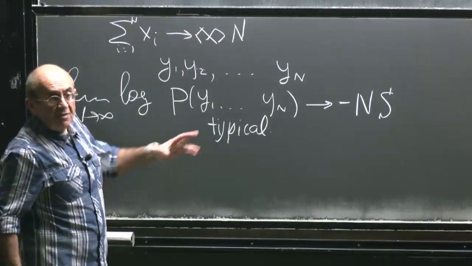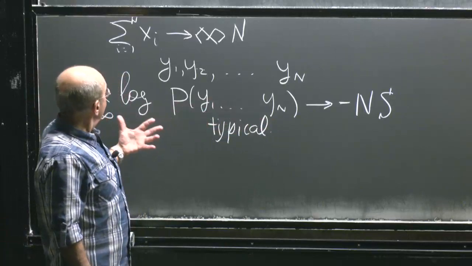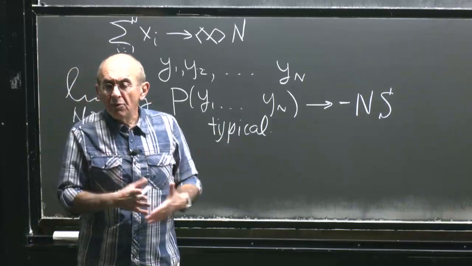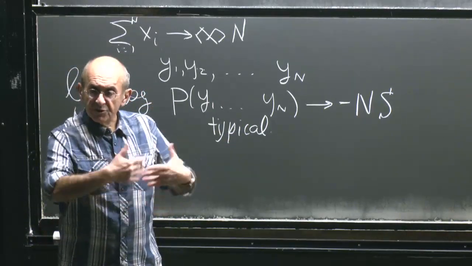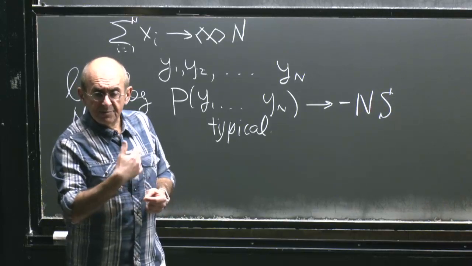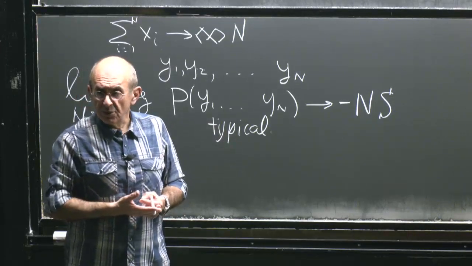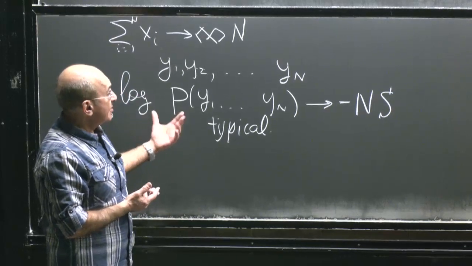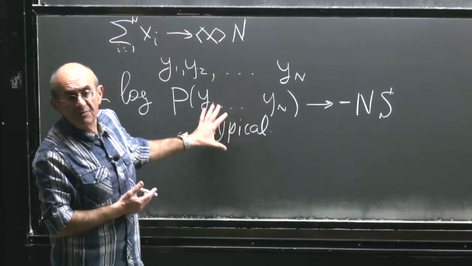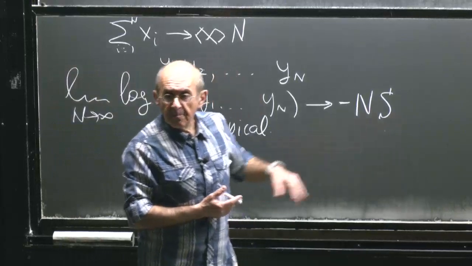It says that in the limit of n going to infinity, we are more and more likely, with probability which exponentially goes close to unity, to see a sequence which is typical, and all these sequences have the same probability. Okay?